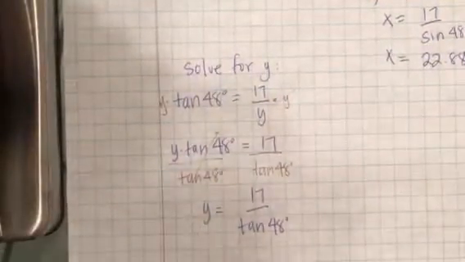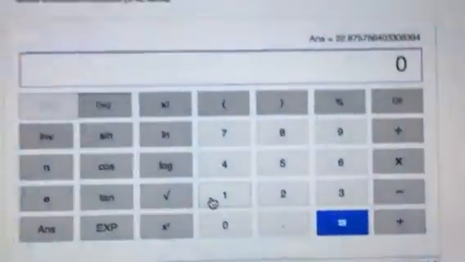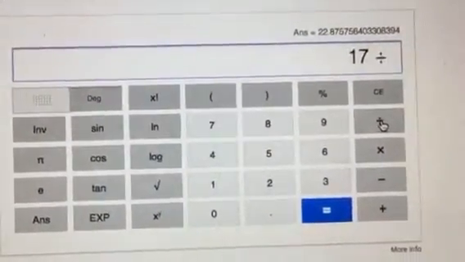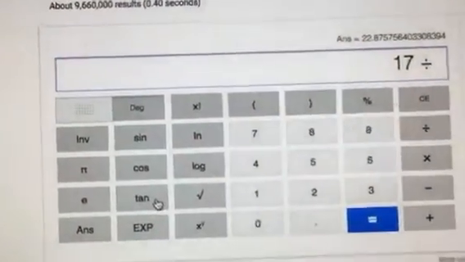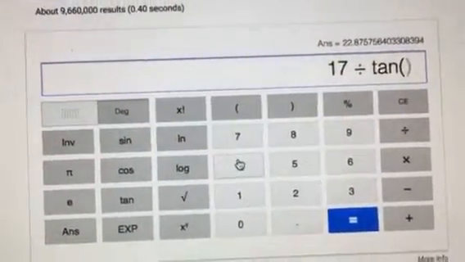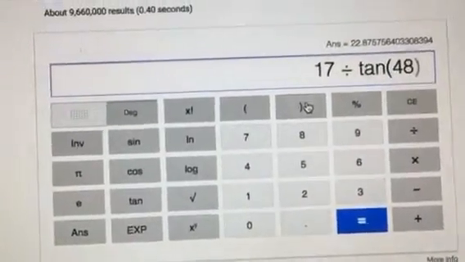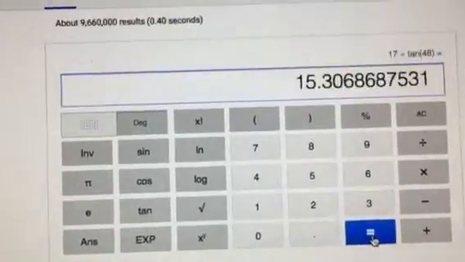Now I'm going to punch that into the calculator: 17 divided by tangent of 48 degrees. Normally I like to put that in parentheses, but I think you're still going to get the same answer.